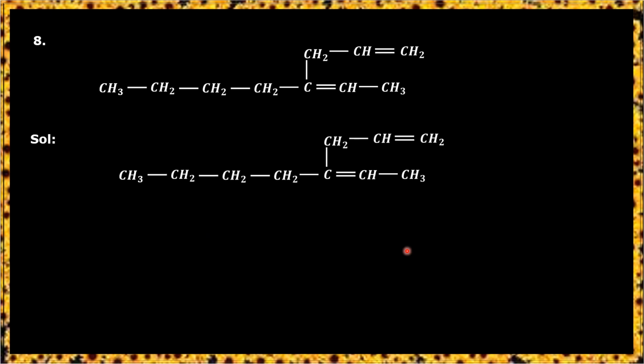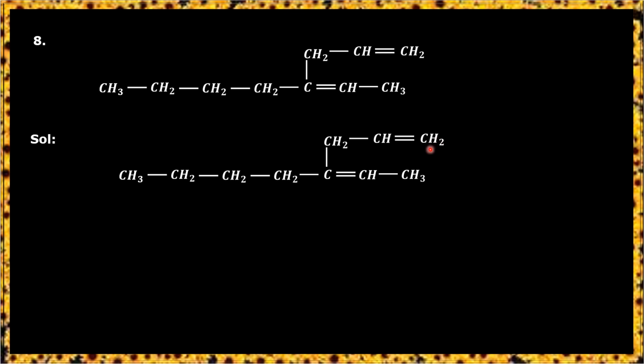Solution. In this organic compound, first we have to select the longest chain of carbon atoms containing the maximum number of multiple bonds. So this one is the actual longest chain, but if we select this as the longest chain of carbon atoms, it includes only one double bond.